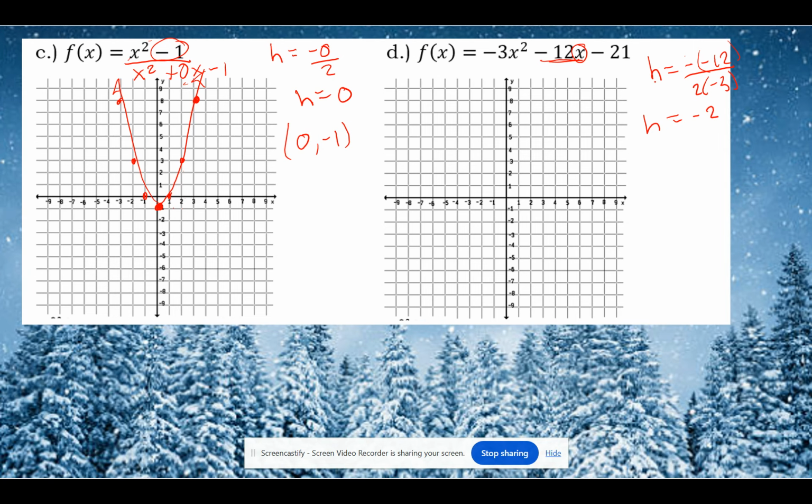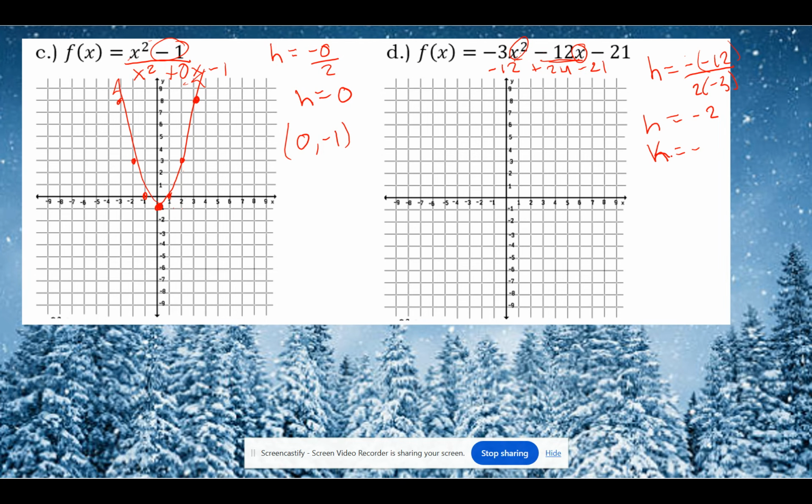Then we'll go ahead and put negative 2 in X's spot. Negative 2 squared is positive 4. 4 times negative 3 is negative 12. Minus 12 times minus 2 is positive 24. And then if I do this all added together, I'll get 12 minus 21, which will get me negative 9.